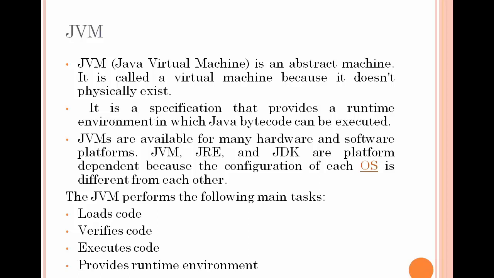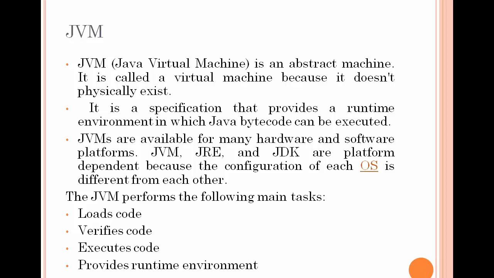So JVM, Java Virtual Machine, is an abstract machine, and this JVM does not physically exist. It is a specification that provides a runtime environment in which Java bytecode can be executed. JVMs are available for many hardware and software platforms.